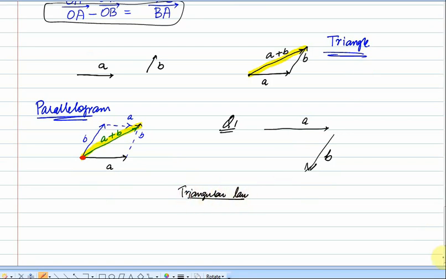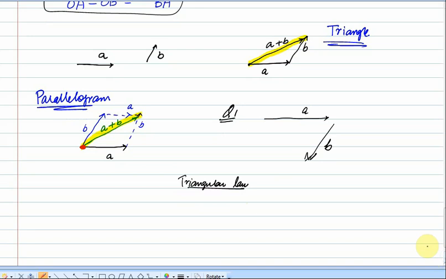Alright class, so first I find the addition of these two vectors by the triangular method. In the triangular method I draw the vector A, and where it ends I draw the vector B. Now with the help of the head to tail rule, it will be A plus B, right?